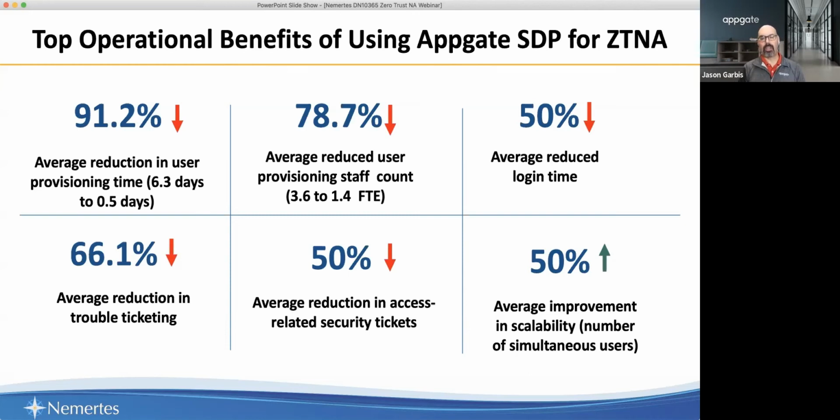And they shifted to a much faster cycle where they would just drop ship the laptop directly from the manufacturer to the user. All the user had to do was install Appgate SDP with the right profile link, and then the system would give them access to the right internal tools. So that provided a tremendous speed up in user access.